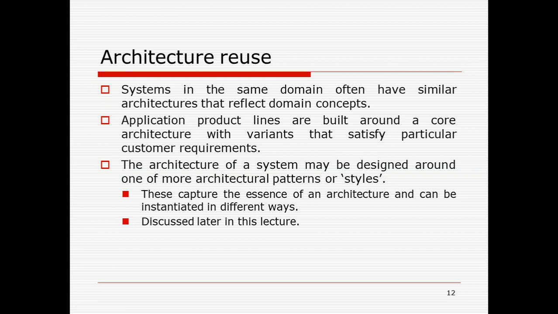The architecture of a system, if it is a complex and large system, can be designed around one or more architectural patterns or styles. The entire system architecture can have similar or the same kind of patterns, and these are also called styles. We'll be discussing these patterns and styles after a few slides.